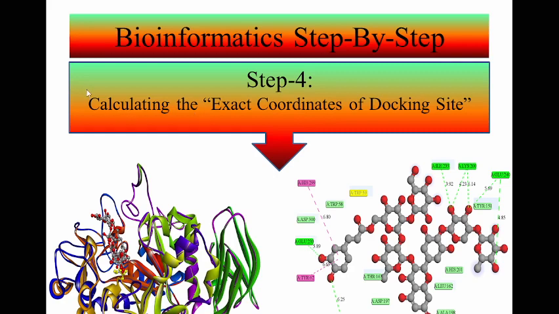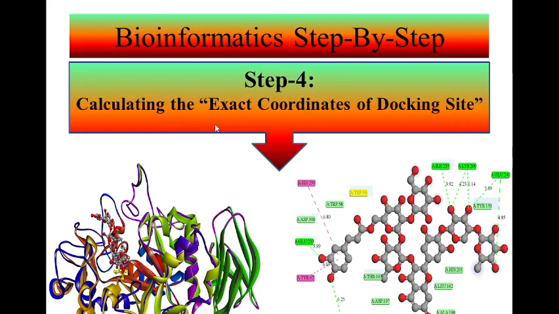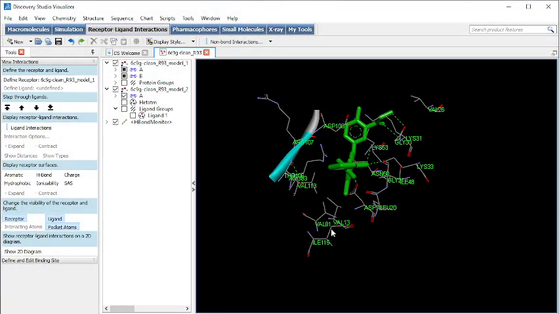But in step 4, we will calculate the exact coordinates of the docking site. The exact coordinates of the docking site will also be calculated with the help of Discovery Studio.